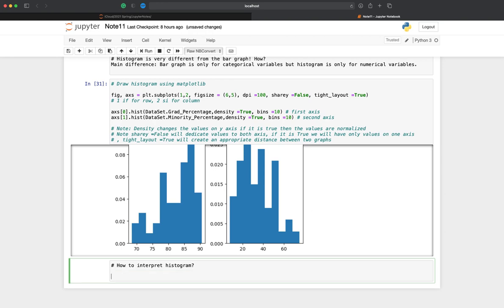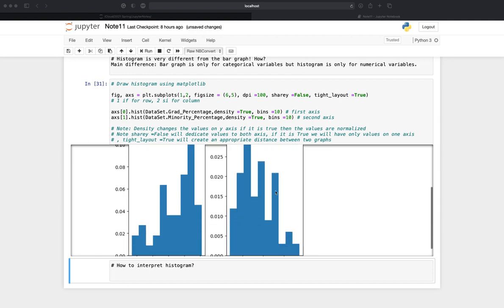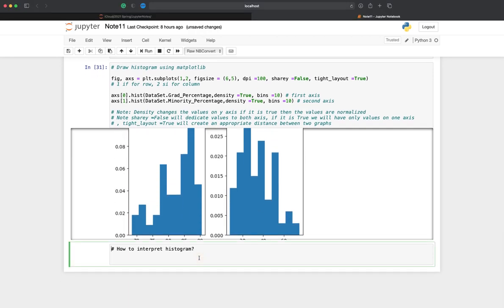Okay, so when you want to interpret histogram, you will look at the overall pattern. You will talk about the center of histogram, which is median and mean.